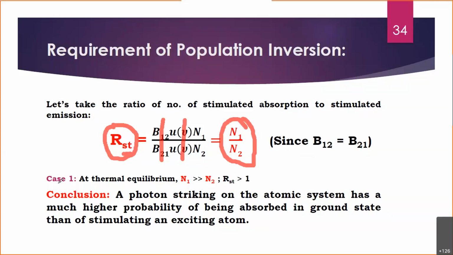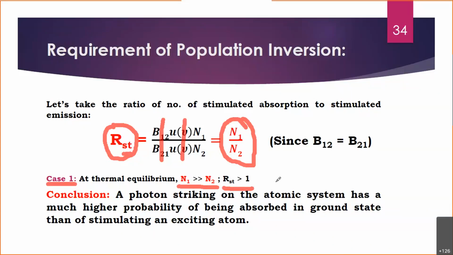So consider the first case, that at thermal equilibrium, suppose N1 is very large compared to N2. That means the number of particles or atoms in the ground level, or level number 1, is very large compared to the higher level. So what will happen in that case? Your R_ST will be greater than 1.